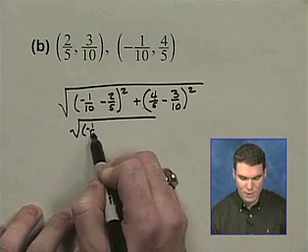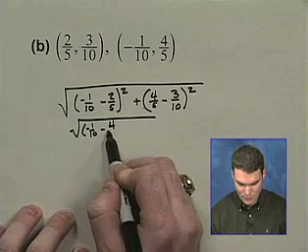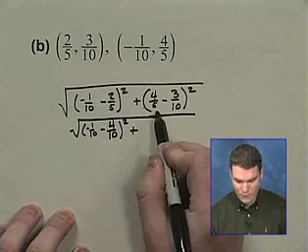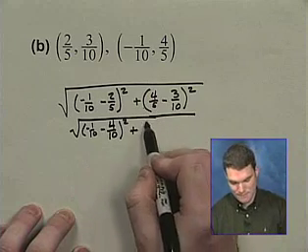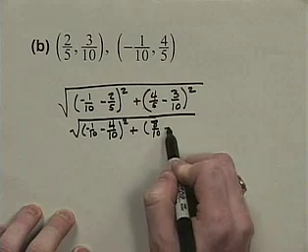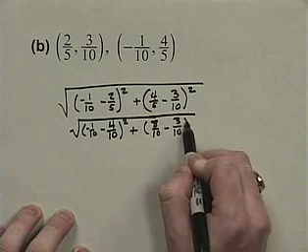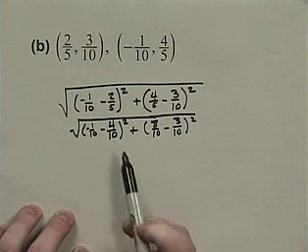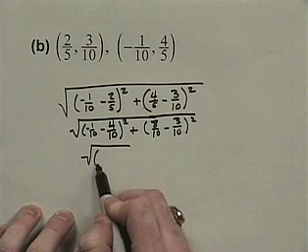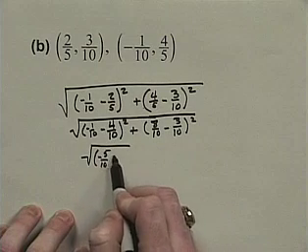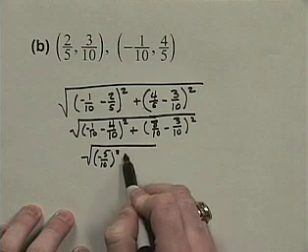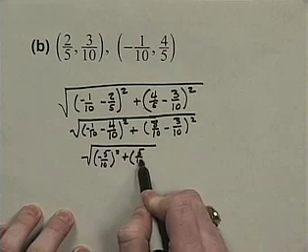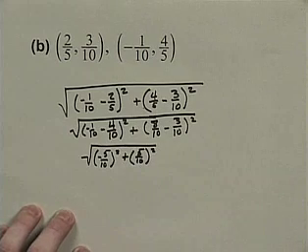So we have negative 1/10 minus 4/10, squared, plus 4/5 is the same as 8/10. So that's 8/10 minus 3/10, squared. Well, negative 1/10 minus 4/10, that's negative 5/10, squared still, plus 8/10 minus 3/10, that's 5/10, still squared.